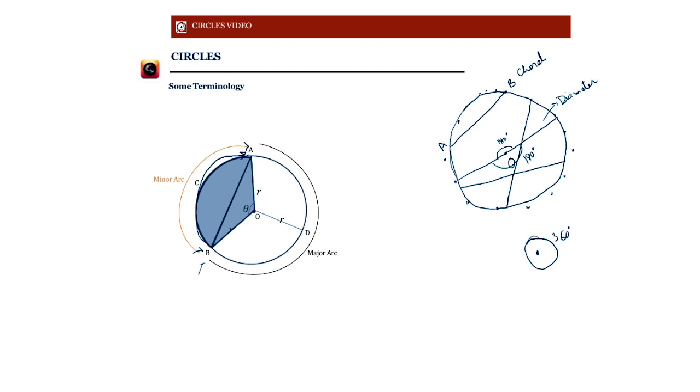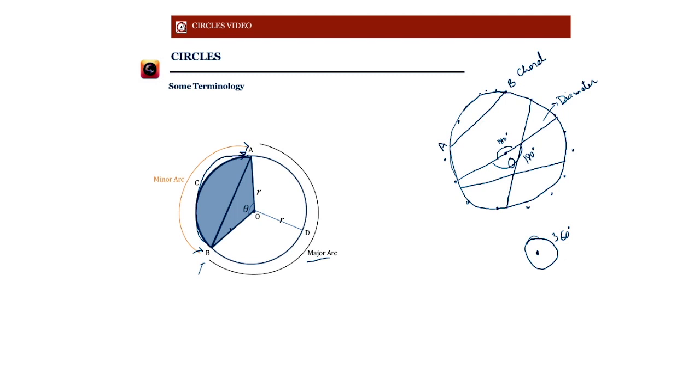And the rest of the circumference of the circle, shown by this black line, is called the major arc. So the chord divides the circumference into 2 parts: the smaller one is called the minor arc, and the bigger one is called the major arc.